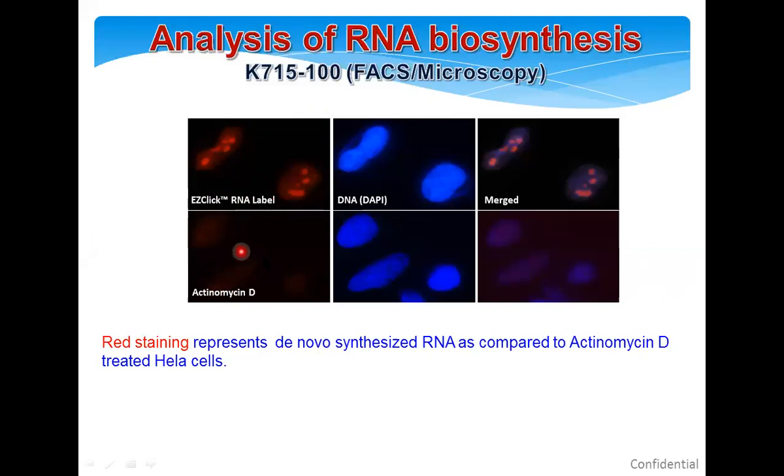To know the specificity of the click reaction, you see the RNA label, but when you treat the cells with actinomycin D, you don't see the labeling, although you see the DNA with DAPI, and this is the merge. So you can see the specificity for studying RNA biosynthesis using this kit. The red represents newly synthesized RNA as compared to the actinomycin D treated, and these are HeLa cells.